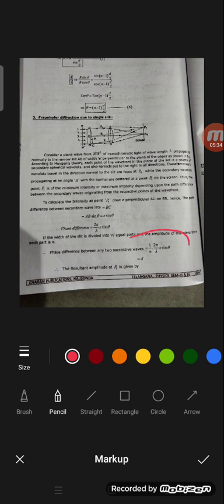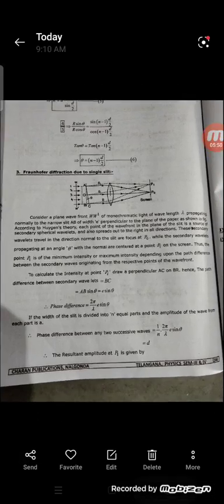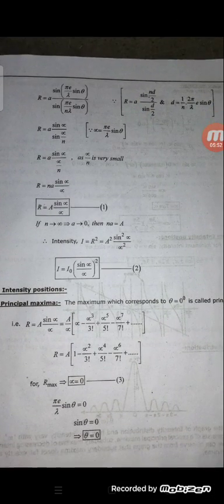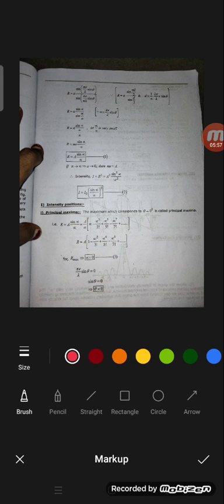We multiply by 1 by n, so the phase difference is 1 by n into 2 pi by lambda into e sin theta. The resultant amplitude at P1 is given by R equal to A sin of pi e sin theta by lambda, divided by sin of pi e sin theta by n lambda.